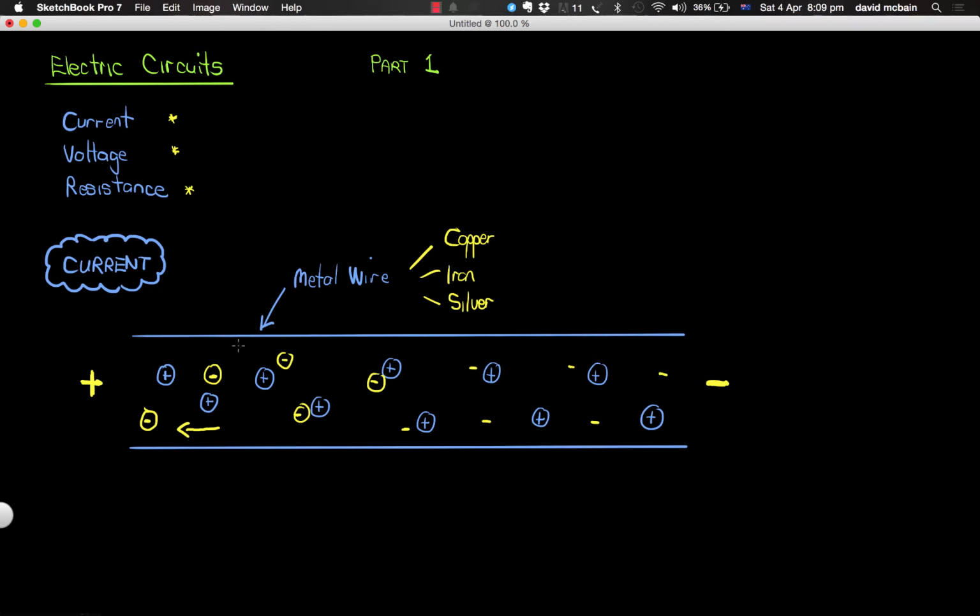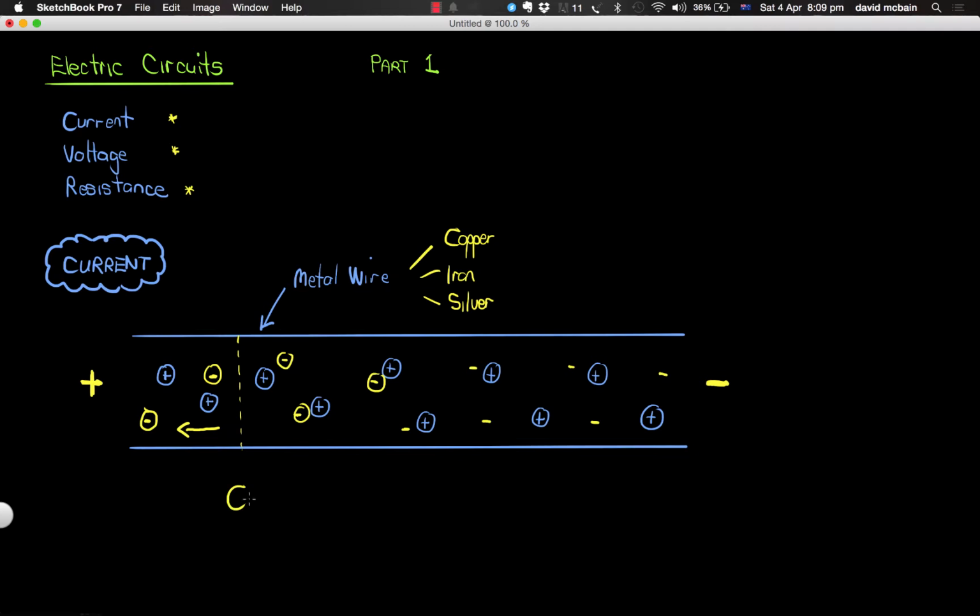And if we set up a little line there and we counted the number of electrons that pass that line in 1 second, that would be a measure of current.